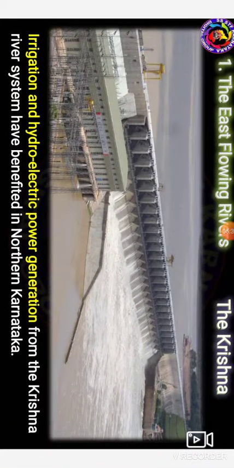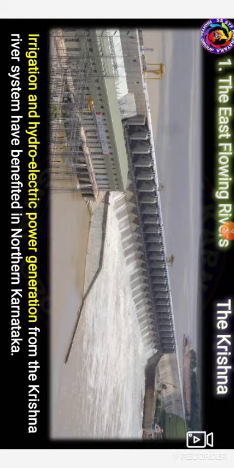This Krishna River is used for irrigation and hydroelectric power generation. The system has benefited North Karnataka.